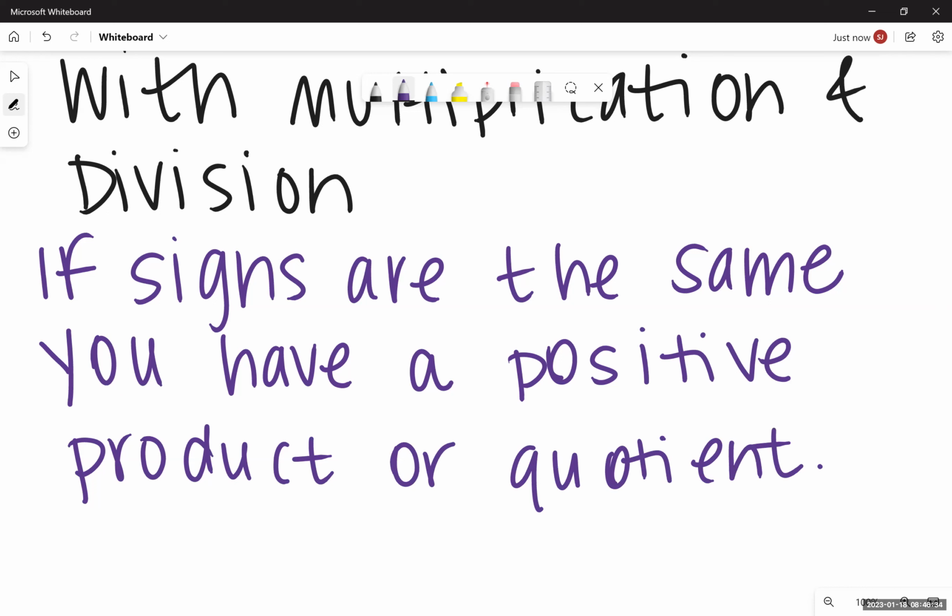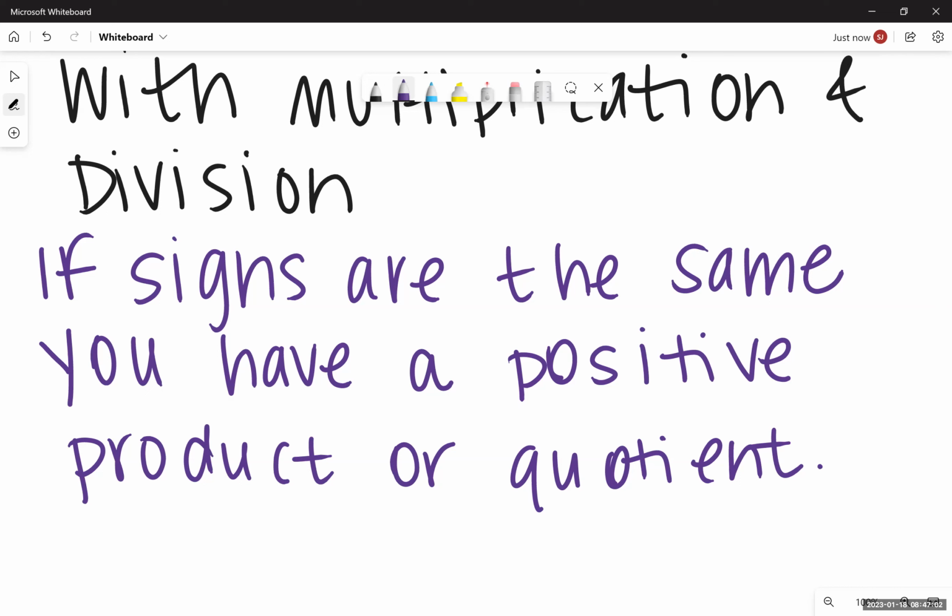Fancy words, honestly, for no reason other than to say that if you have a product, you just multiplied two things together. If what you get as an answer is a quotient, it's saying you divided. And I'm going to do an example of both. Whenever you're multiplying things together, you look at the numbers, multiply the numbers. If they have the same sign, then your product, the answer to that multiplication problem, is positive.